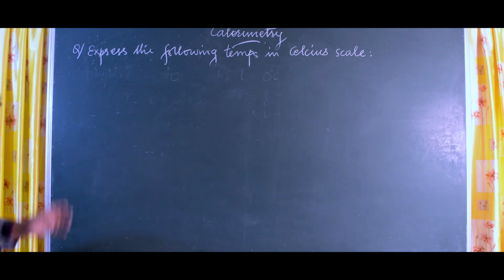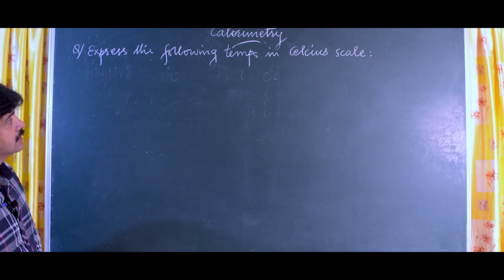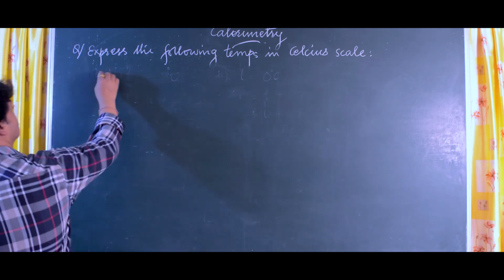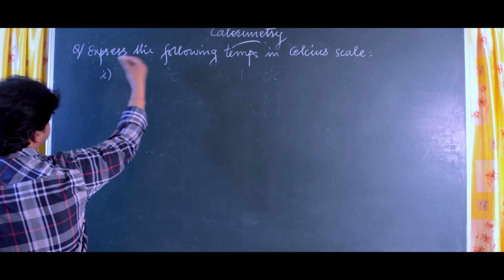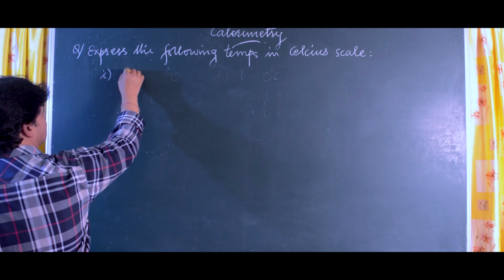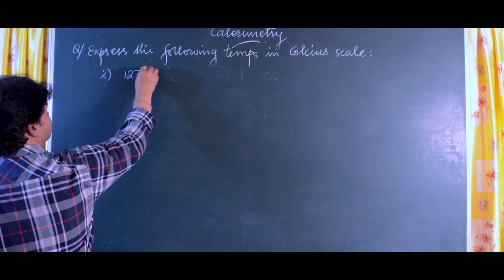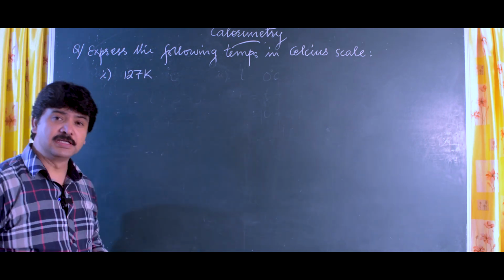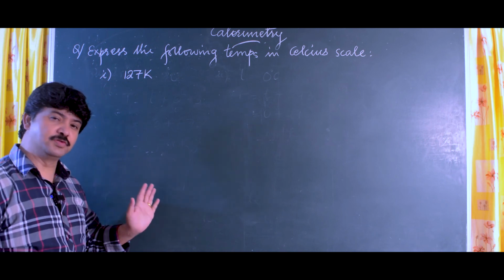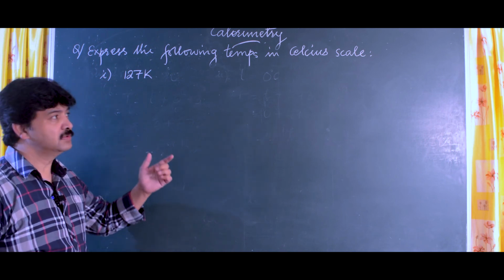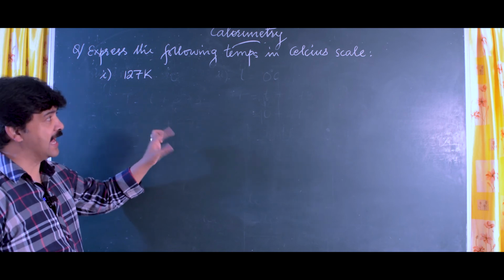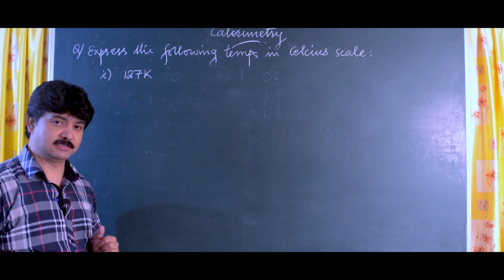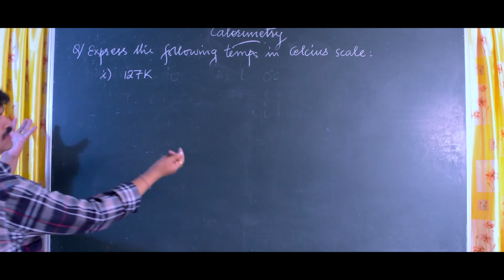Now the next question is, express the following temperatures in Celsius scale. Number one, suppose we have 127 Kelvin. Now in this case we do just the opposite. In the previous case we added 273, but in this case we have to subtract. Or we can use the formula also.